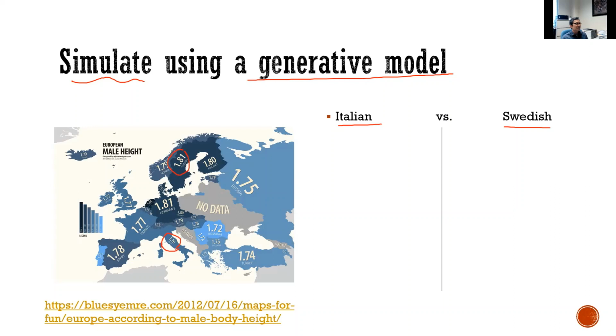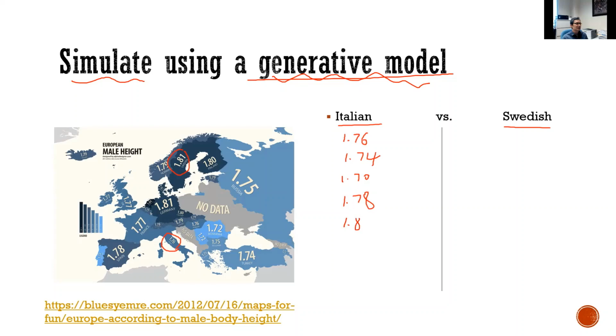Because I have this model in my mind, I can start to generate random samples. For example, it will be something like this. I will write values around this mean because I know the parameters that define this model.